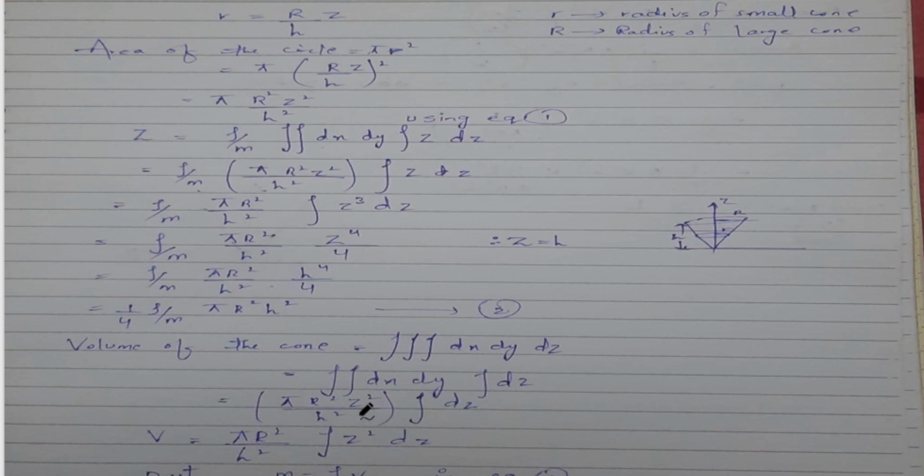Now z squared will go under integration, and now you have to put m, which is equal to density times volume, in equation 2. So where is equation 2? Here. You have to put the value of m, which is equal to density times volume.